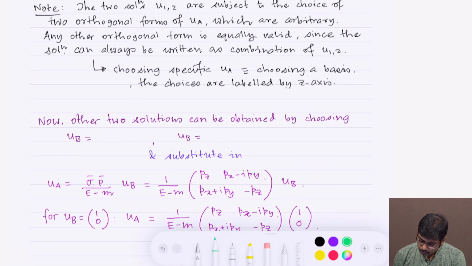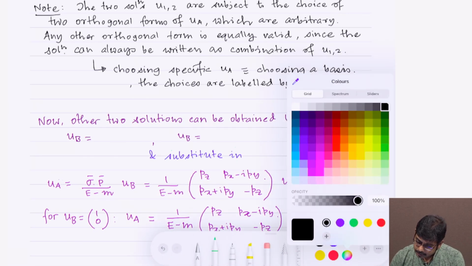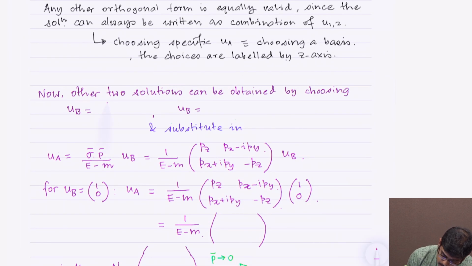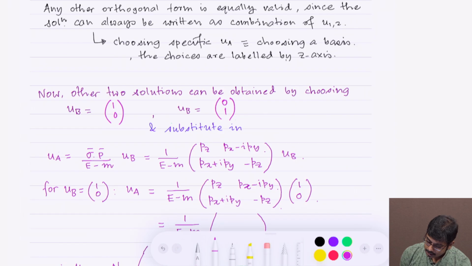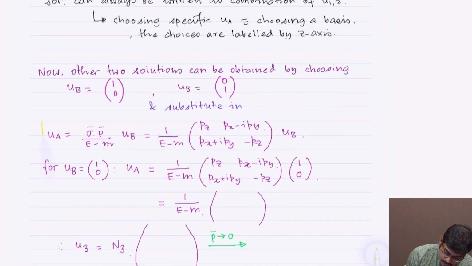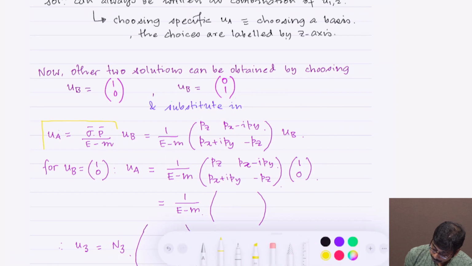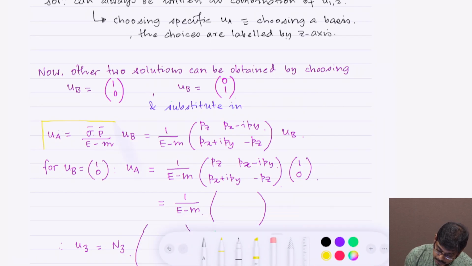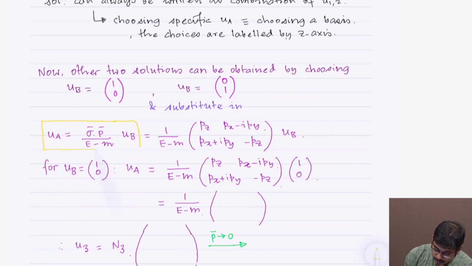So, for the other 2 forms, u b you can once again choose 1 0 and 0 1, and we are going to substitute it in this equation, u a is equal to sigma dot p by e minus m into u b.